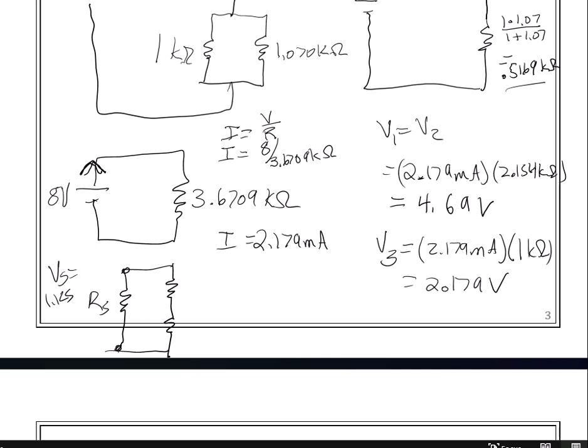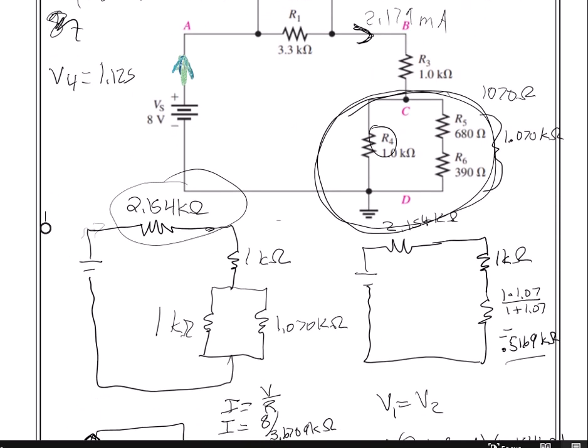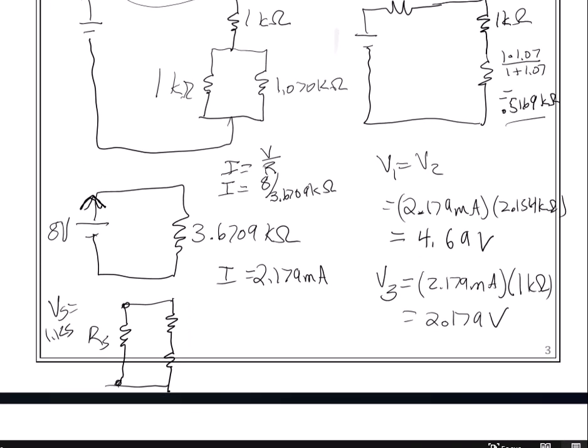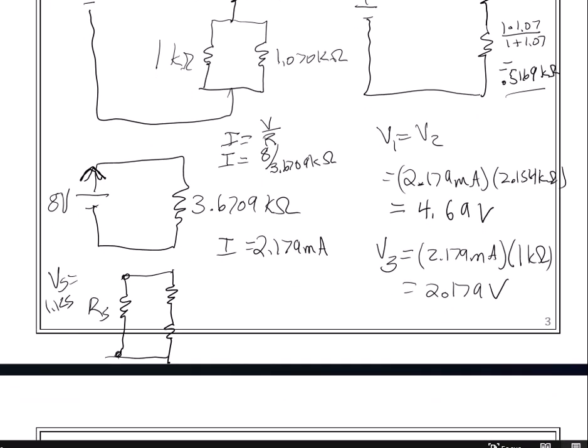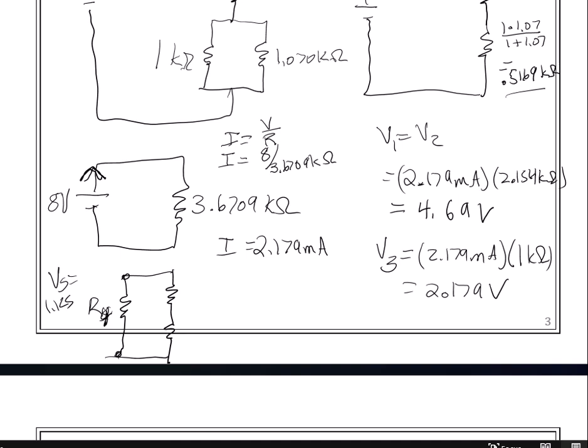I did not say that V4 and V5 are equivalent. I said V4 is equivalent to the total across R5 and R6. Okay, and that's what we're going to use right now. So we know the total across R5 and R6 is 1.125.